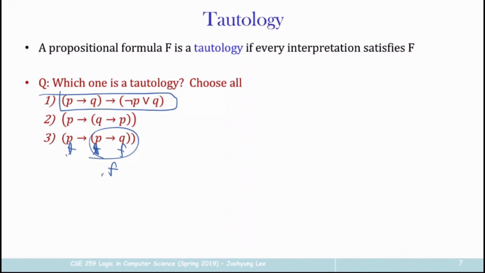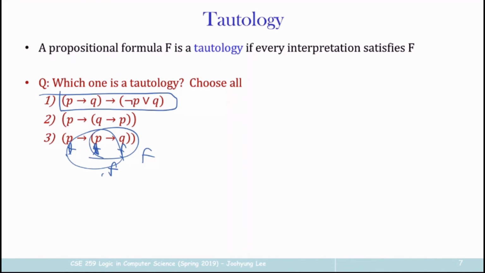Again, true implies false gives you false. I didn't draw the path tree, but if you mentally draw it, you can evaluate in a bottom-up way. So the third one is false when P is true and Q is false. So this is not a tautology. So the correct answer is 1 and 2.